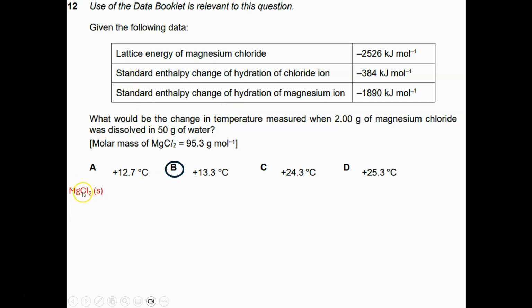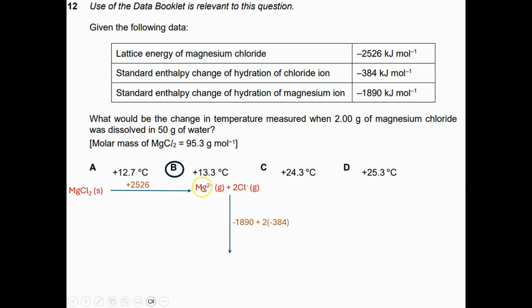We are going to start with MgCl2 solid, and then we absorb 2526 kilojoules per mole of energy and break it up into gaseous ions. This is essentially the reverse of the lattice energy of magnesium chloride. Then from these gaseous ions, I'm going to hydrate the ions.